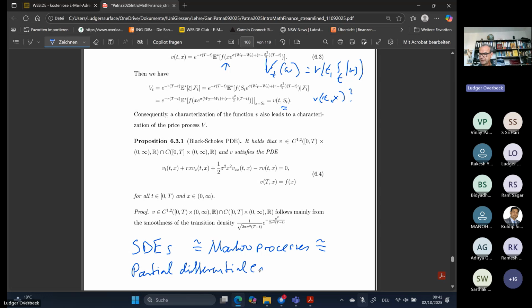A particular one, the second order linear PDEs. A typical one is like the heat equation. The heat equation is strongly related to Brownian motion.